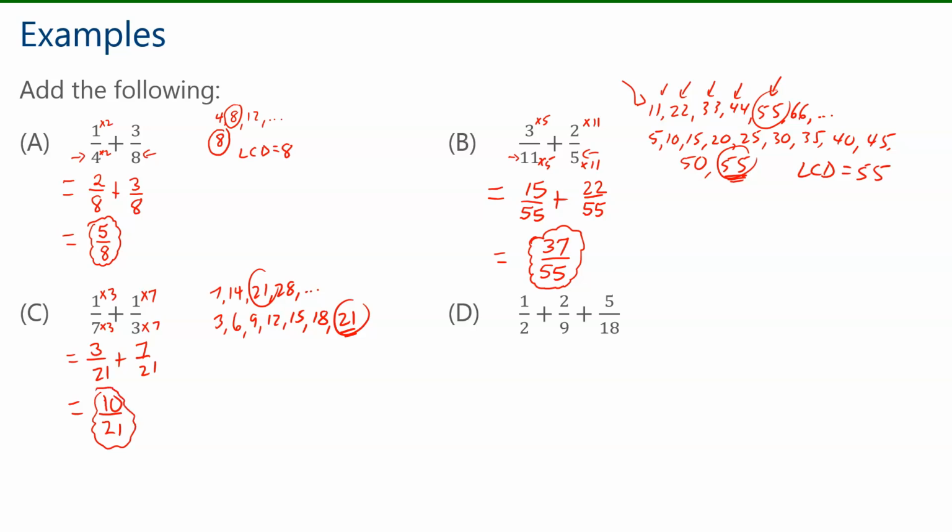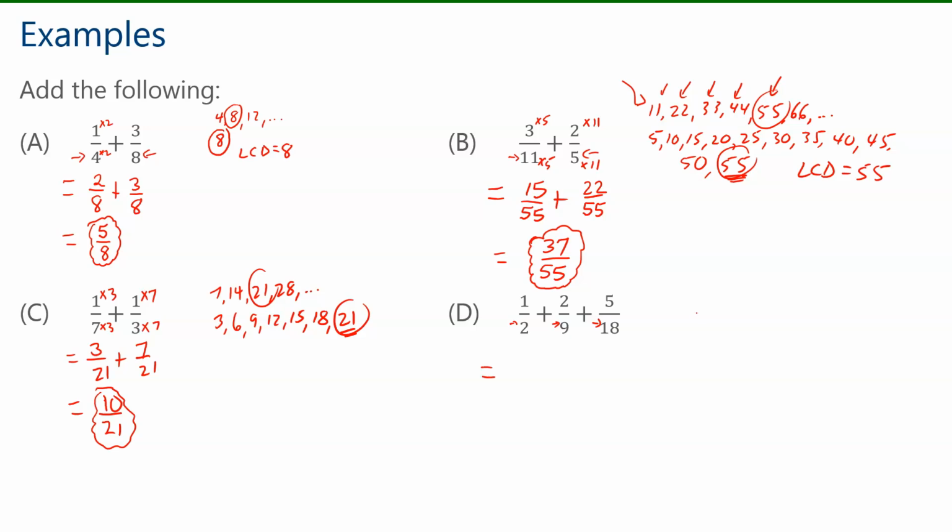In our fourth example, we actually have 3 fractions being added together, but that's fine. We approach it the same way. So if we look at all 3 denominators, all 3 are different. So we need the LCD for 2, 9, and 18. And if you wanted to list out your multiples again, as we've been doing, you can.